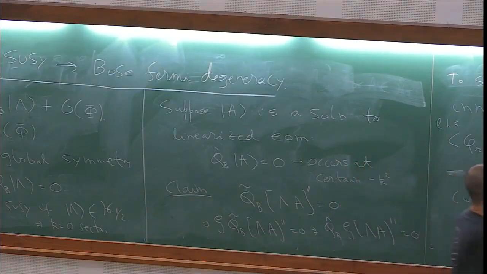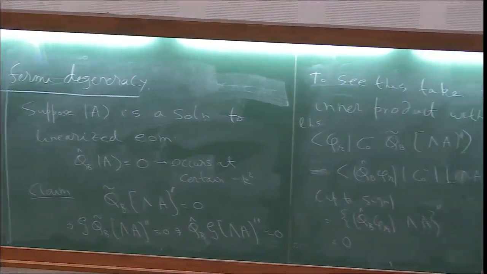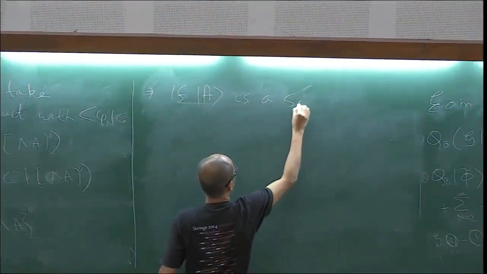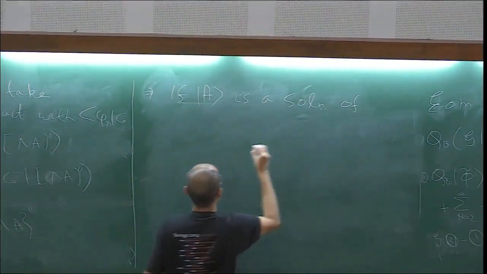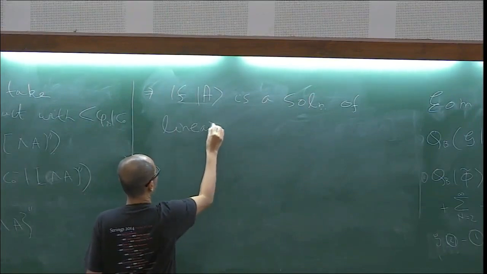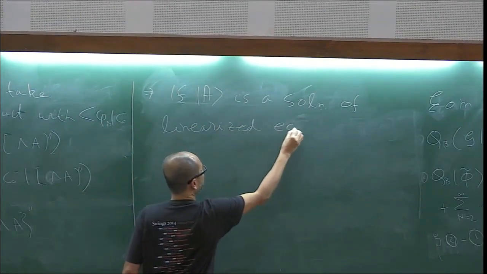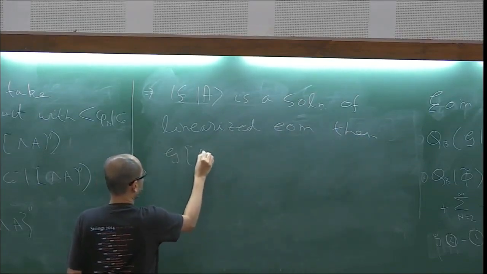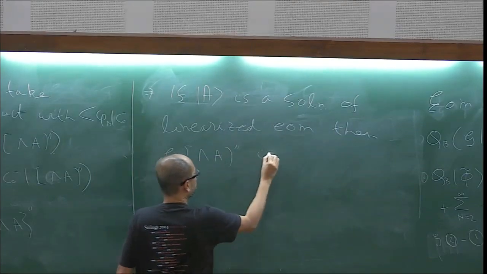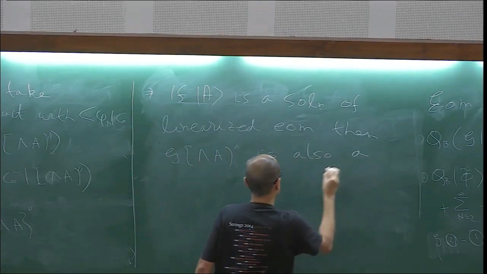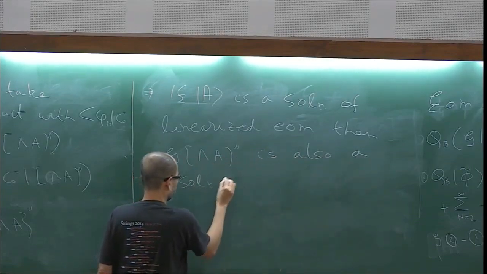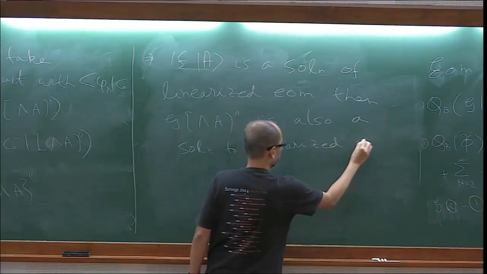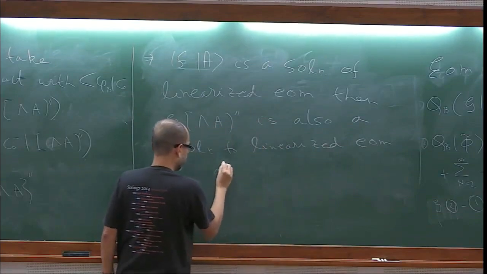Okay, so this implies that if A is a solution to linearized equation of motion, then G on lambda A double prime is also a solution to linearized equation of motion, but at same k.